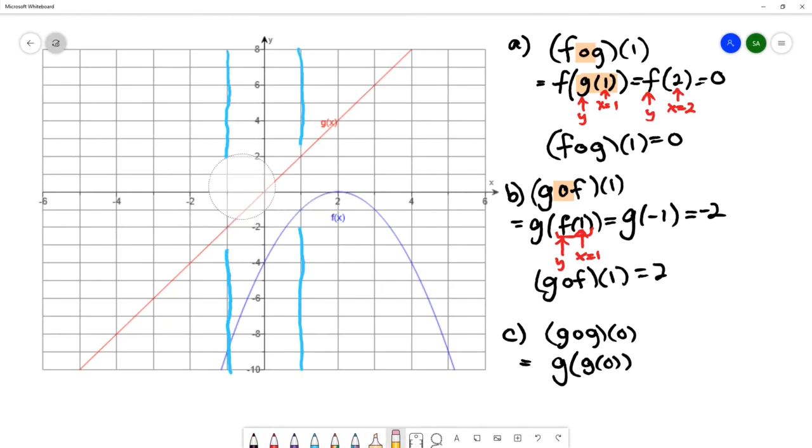Let me erase my markings. Okay, so I'm going to try not to mark so much this time. We're looking for g of 0, which is right here. g of 0 is 0. And then we simplify again. g of 0 is 0 again.